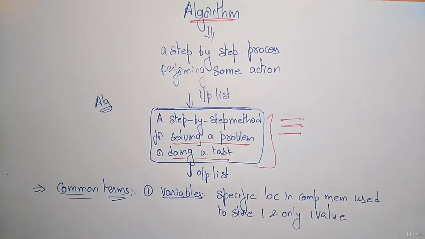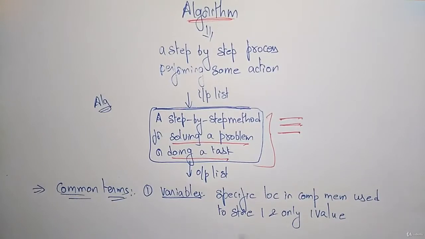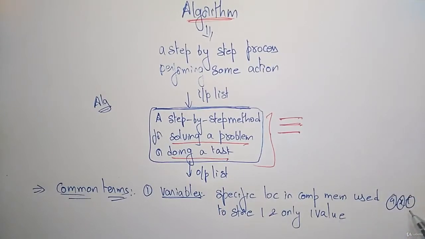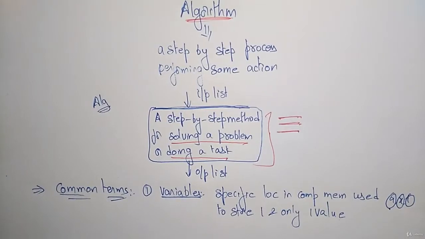A variable is just a simple name like a, x, i. It indicates one memory location in the computer system, and one memory location will occupy only one variable.